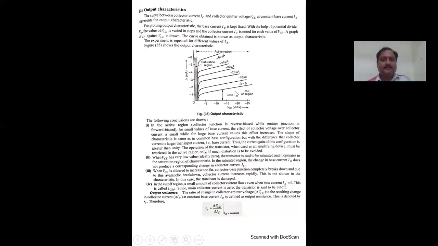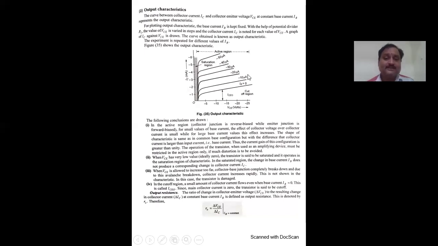This can take 5 stages. At the current must be 0. On that, we get VCE. We get applied voltage in the input characteristics, constant as current. IB is equal to 0, IB is equal to 10 microamperes, 20 microamperes, 30, 40, 50.